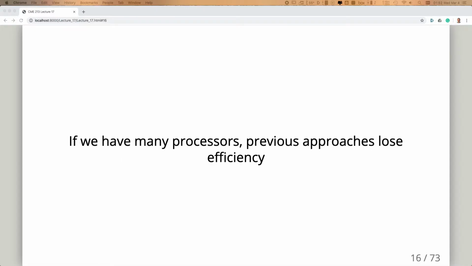Okay, and so now I want to contrast this against the last approach, which is this 2D partitioning.